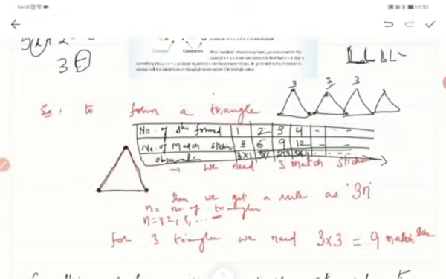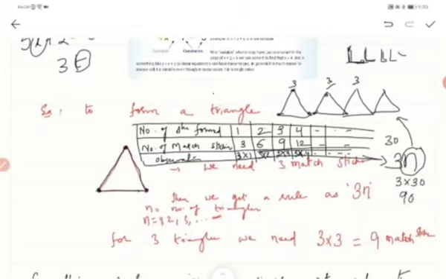If we go on, in general I can conclude, or I will get an expression like this: for each triangle it is 3 matchsticks, and I will take a variable n, which represents the number of triangles we want to form. So if I want to form 30 triangles, how many matchsticks do I need? It is 3 into 30. I will need 90 matchsticks.